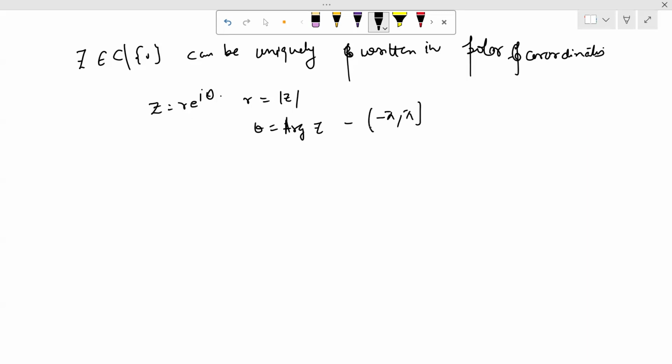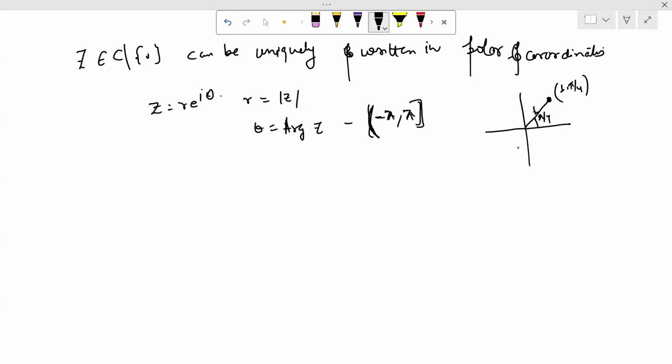So every complex number, if I'm taking the principal argument, will restrict one possibility: that you cannot come to a point two times. So if I'm using a principal argument, then what happens? If I'm saying this particular number, let's say this is equal to pi by 4, and let's say this is 1, you can write 1 comma pi by 4 here, if I'm assigning a principal argument. If I'm not assigning a principal argument, then what can you do?